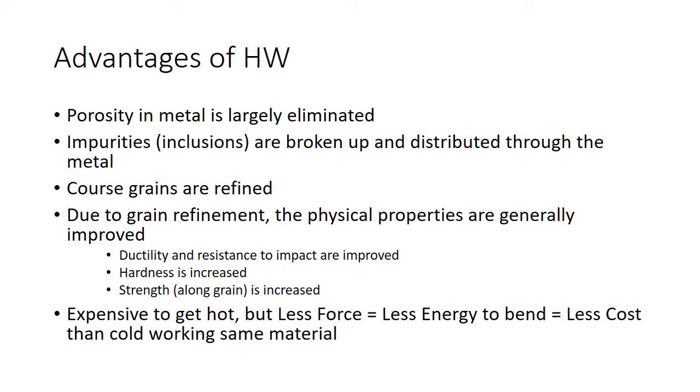If there's some chunk of something in there, it can be better off. As I said, the grains get refined from hot working, and a whole bunch of things, ductility, impact resistance, hardness, and strength along the grains, increased.